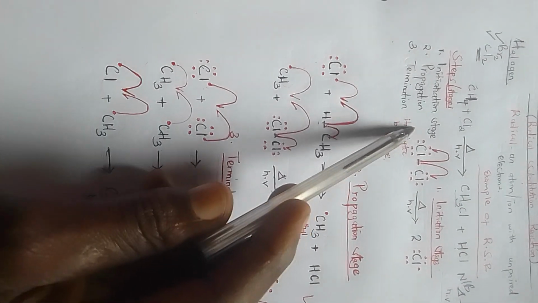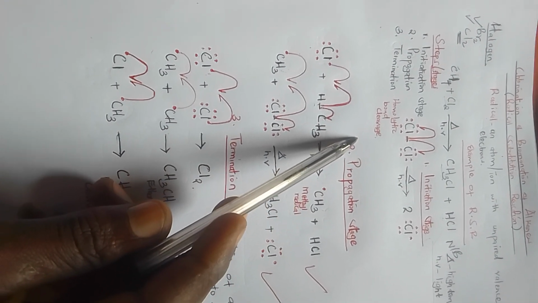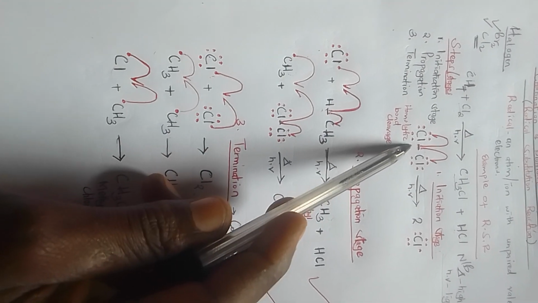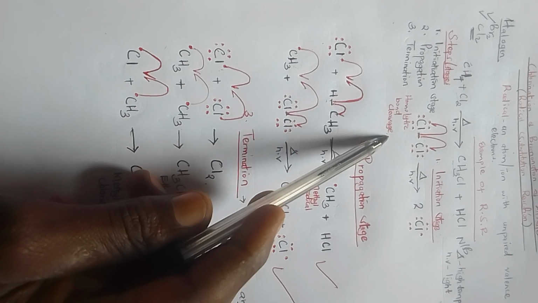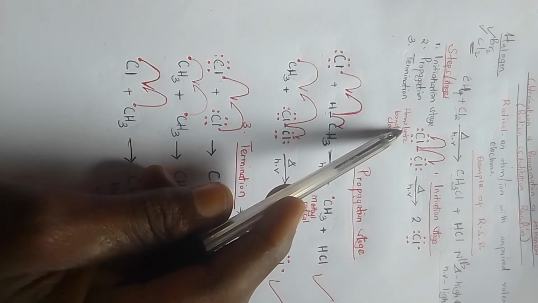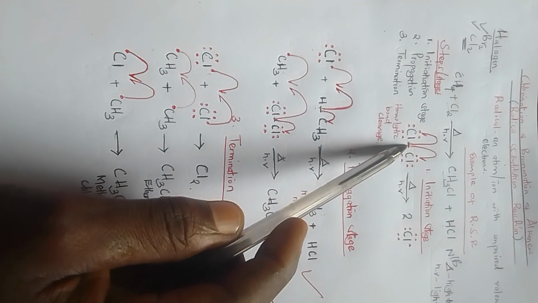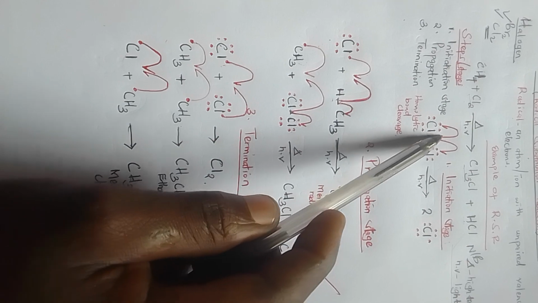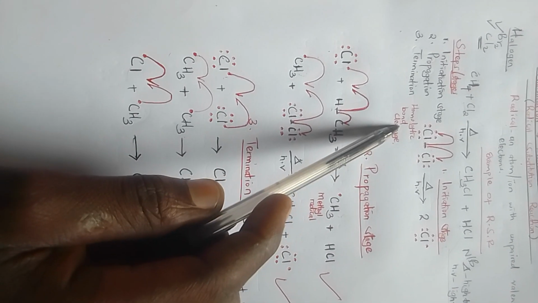And we said, what is homolytic bond cleavage? Homolytic bond cleavage is the type of cleavage in which two electrons in a covalent bond are divided equally between the products. Like we can see that this single bond represents a pair of electrons which is divided equally between the two chlorine atoms. So this is a homolytic bond cleavage to form two radicals of chlorine.